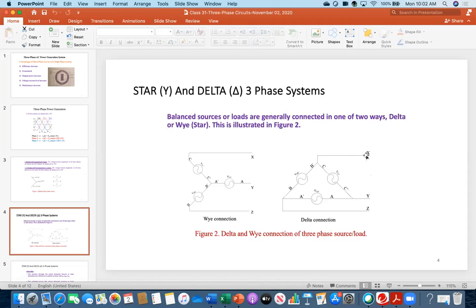But line to line voltage will be the same as the phase voltage. In the Y case, line current and phase current will be the same, but line to line voltage will be root 3 times the phase voltage. That is the relationship between this structure and this structure.